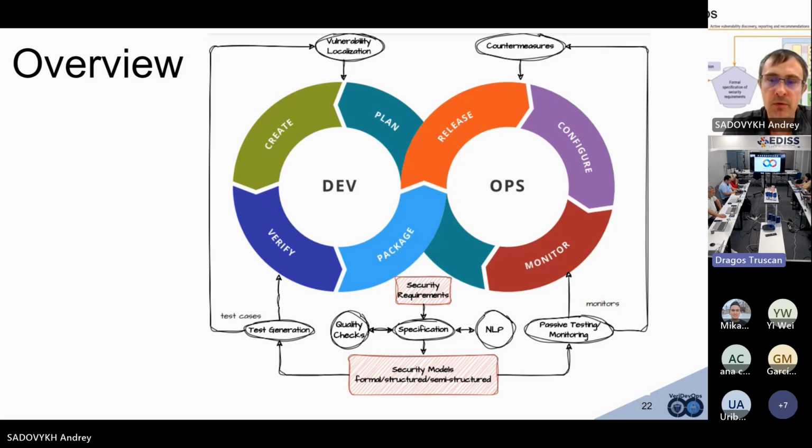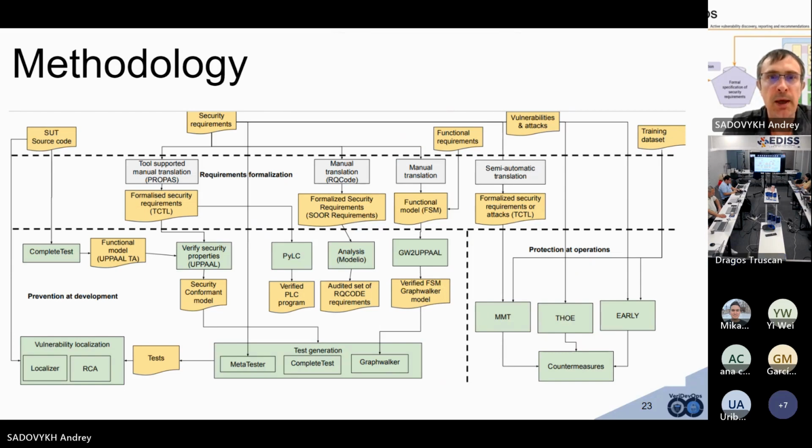What concretely does our project do? What kind of tools does it provide? To answer this question, we can look at this next diagram, where we discuss the methodologies as a whole, right?